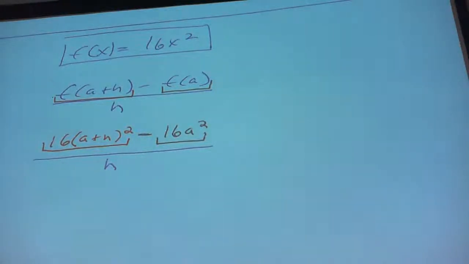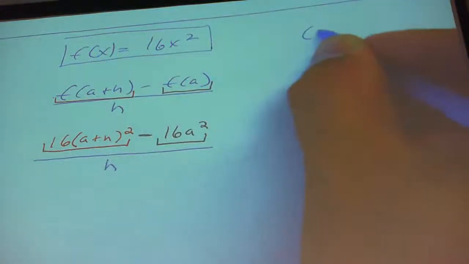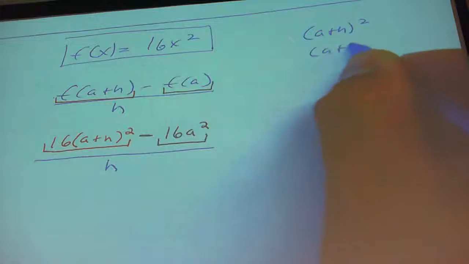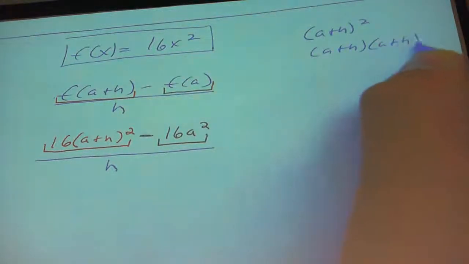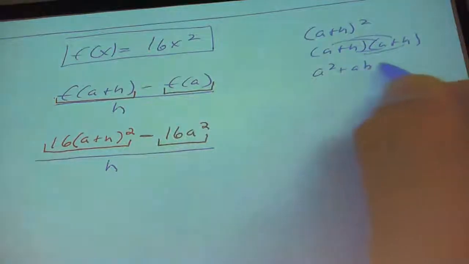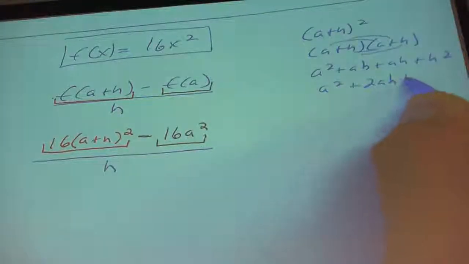And let's do some algebra. If I was going to clean this up, hopefully everybody knows that a plus h squared is a plus h times a plus h, which is a squared plus ah plus ah plus h squared, which is a squared plus 2ah plus h squared.